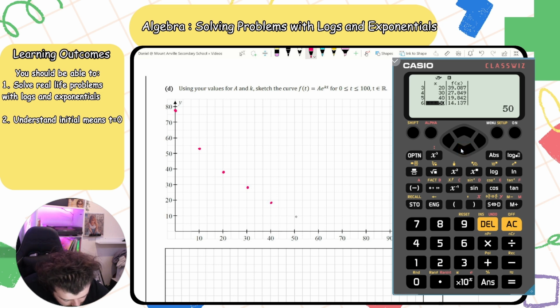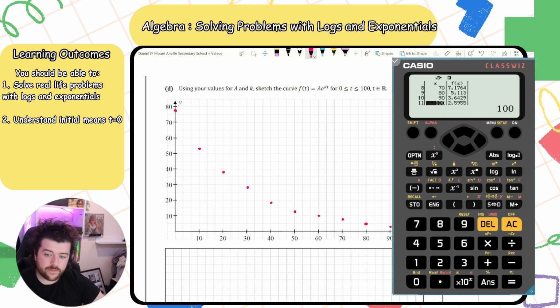So that's going to be just here. 60 is 10. 70 is 7. So just here. 80 is 5. And 90 is like 3. That's right here. And 100 is like 2.5, which is around here.